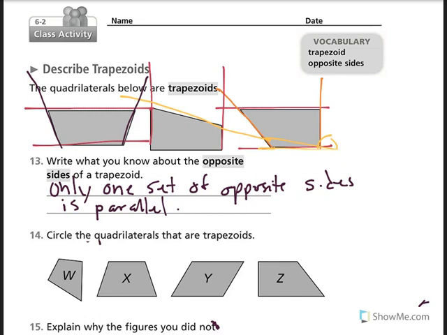Okay, so if we look down here, let's circle these ones that are trapezoids. Well, go ahead and try to find parallel lines. Now these ones, no, those will meet, so that's one set of not parallel, but that's two sets of not parallel, so not that one. This one, let's take a look. Here's one set of parallel lines, and then this set, yeah, they would intersect. So this here is a trapezoid.